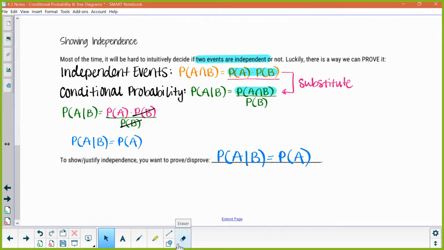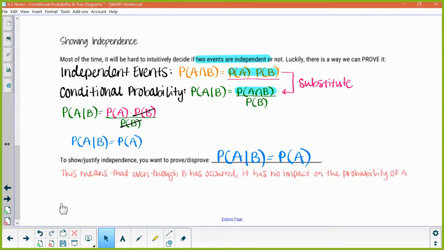So to show or justify independence between two events, you're going to want to prove this statement. This is going to mean even though B has occurred, even though it happened, it had no impact. And that's the important thing. It did not change the probability of A. They are still equal to each other.